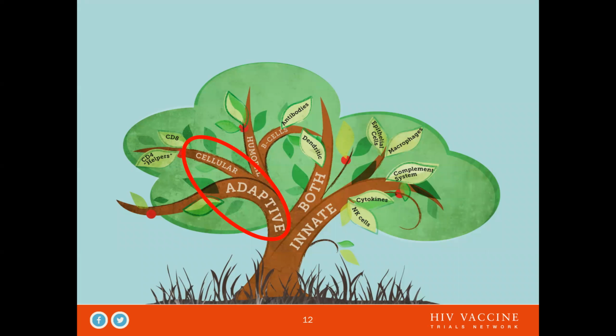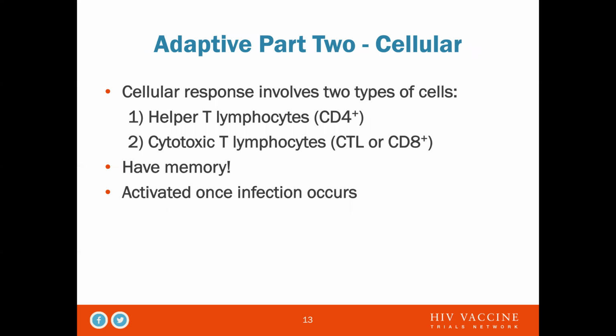The second part of the adaptive response is the cellular response. The cellular response includes two main types of cells, often called T cells for short. These are the CD4 cells, also called helper T cell lymphocytes, and the CD8 cells, also called cytotoxic T lymphocytes, or CTLs for short.